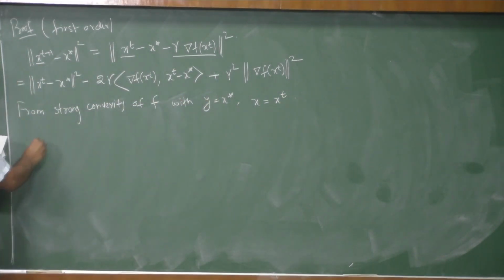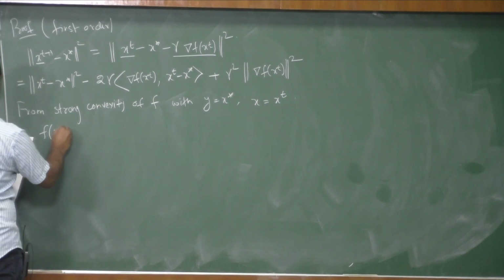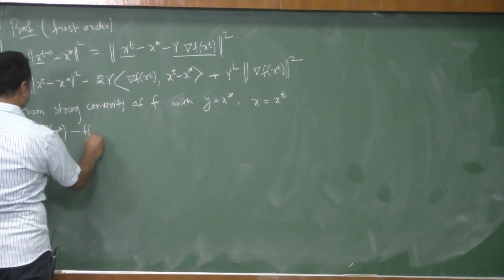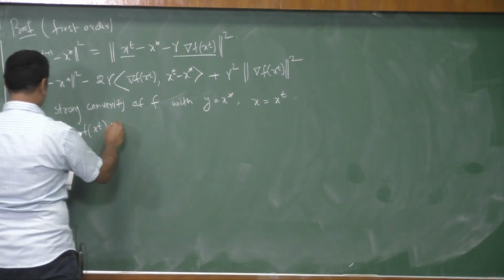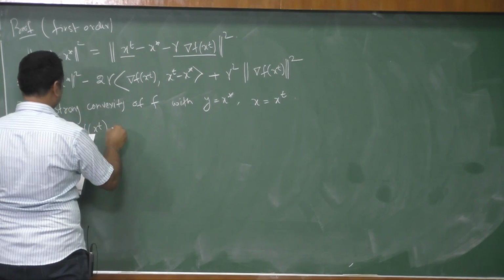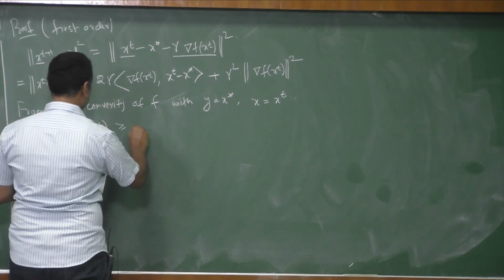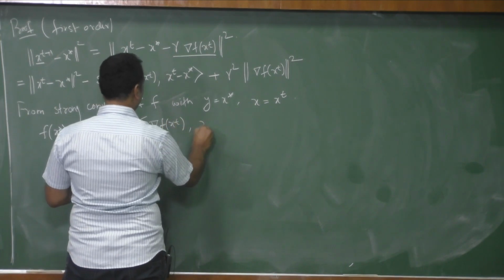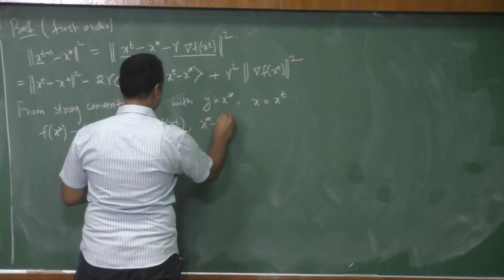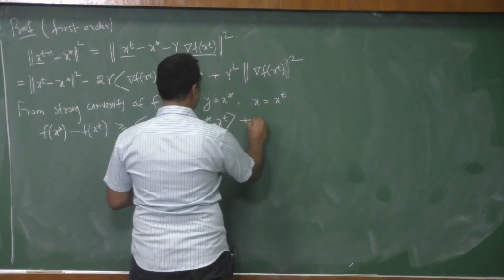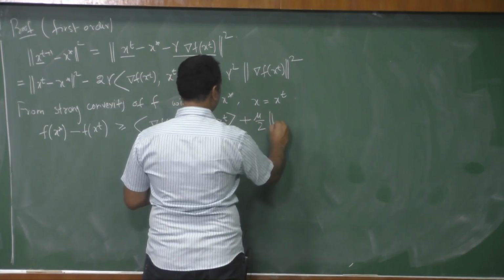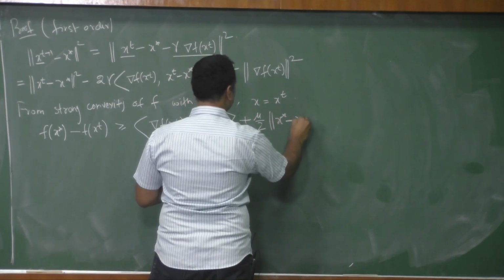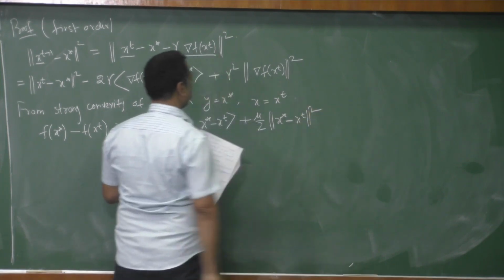Then we have f(x star) minus f(x(t)) is greater than or equal to the inner product of grad f(x(t)) and x star minus x(t), plus mu by 2 times the norm of x star minus x(t) squared.